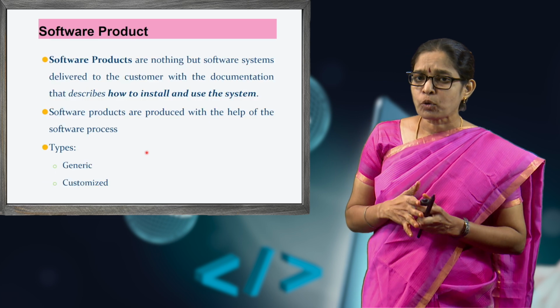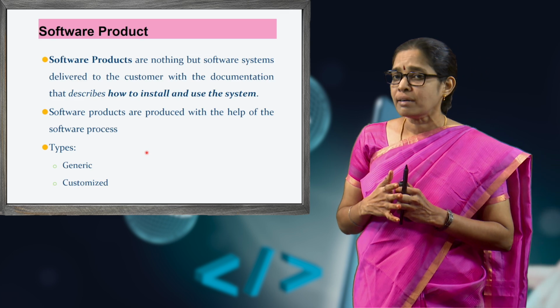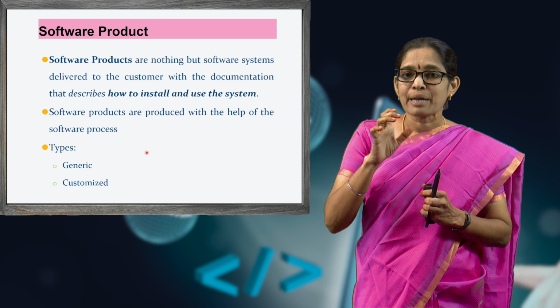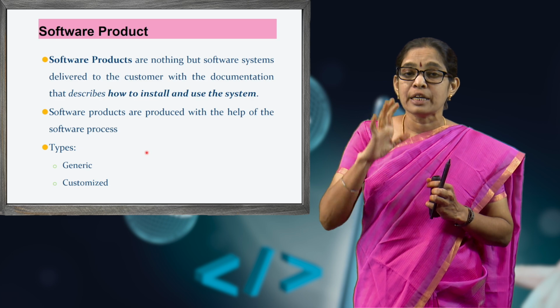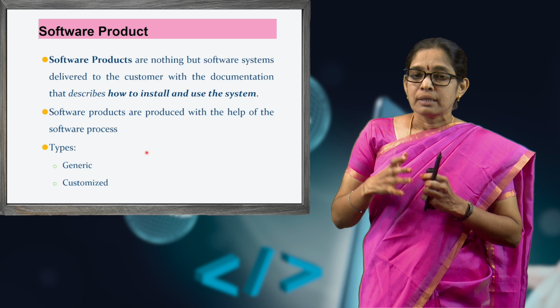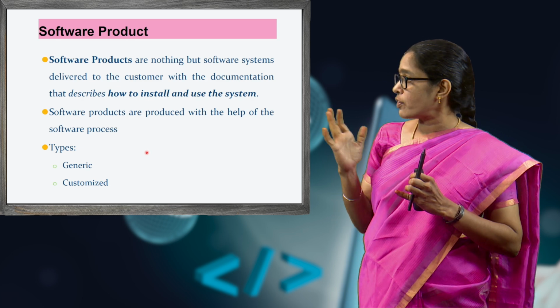So, software product can be delivered to the customer with the proper documentation. It describes how to install and use the proposed system. These software products are produced with the help of software process.